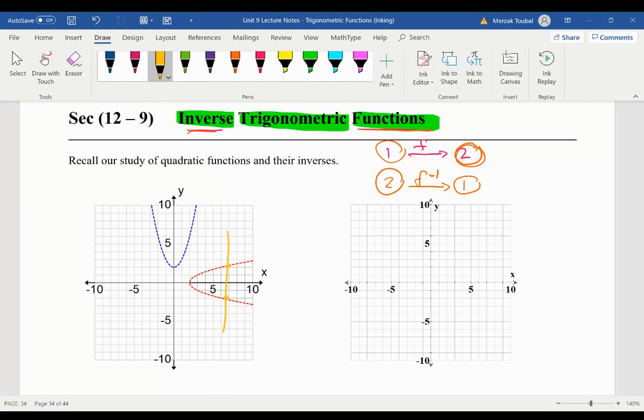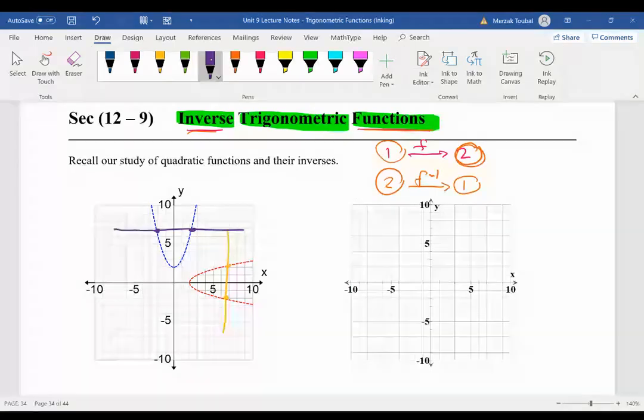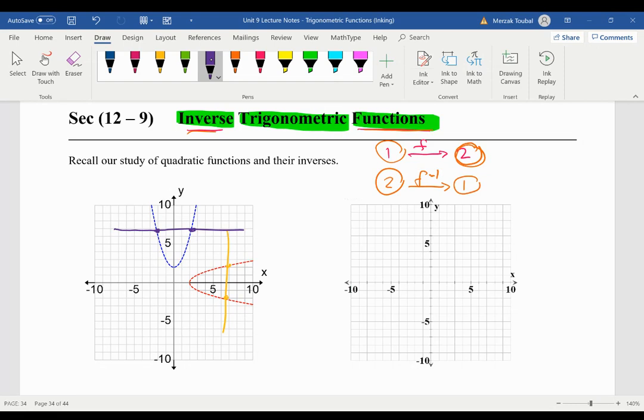It's just a relation. Now, can we determine that through the original function, which is the one represented by the blue curve? Well, yes, we can. If we run the horizontal line test, you notice that it fails because the line intersects the curve at more than one point.